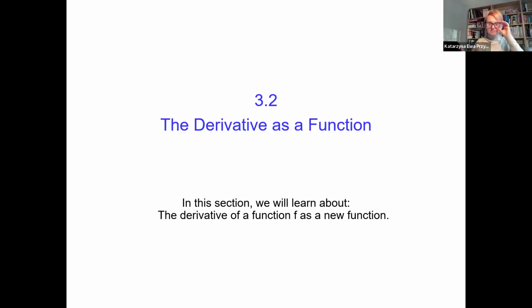We can say instantaneous rate of change, but in general, slope, the slope of the tangent, the slope of the curve at that point. That's what we learned: f prime, instantaneous rate of change, because instantaneous means at that point. That means we learned the derivative of the function at the point a.